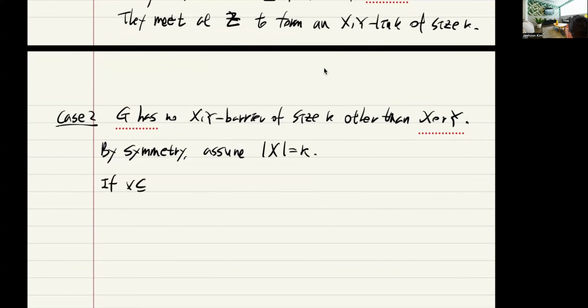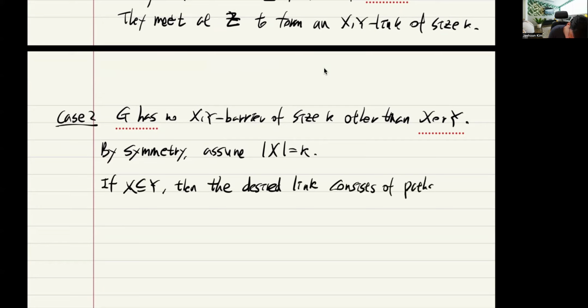If X is a subset of Y, then what? The desired link consists of paths of length 0.